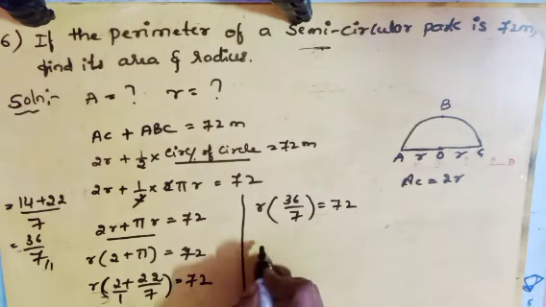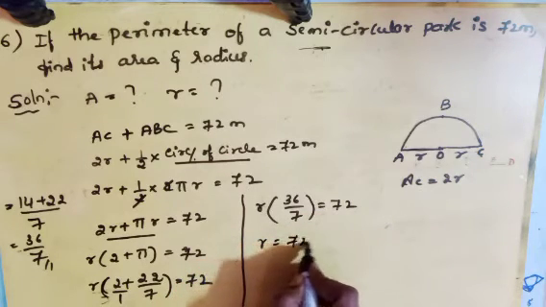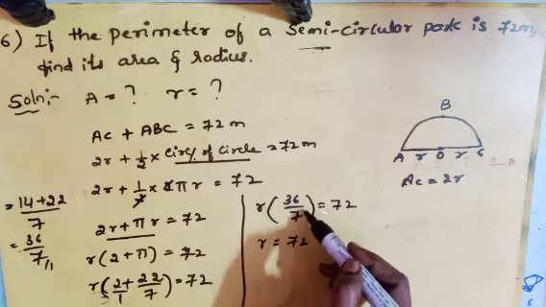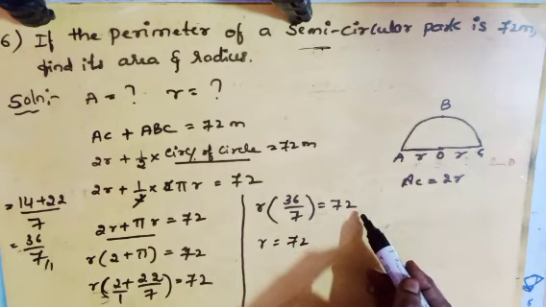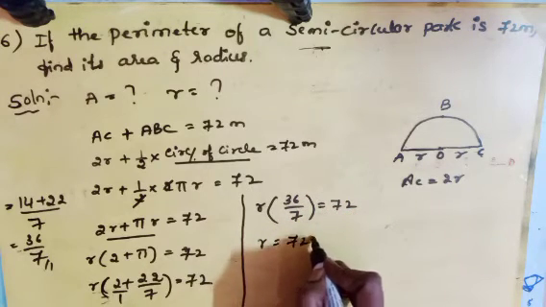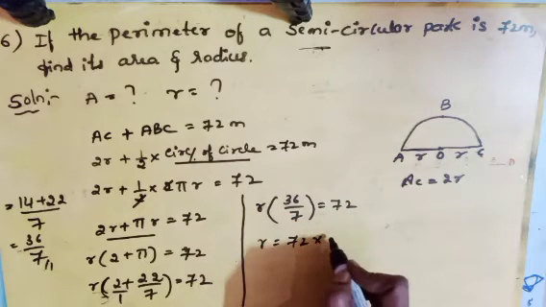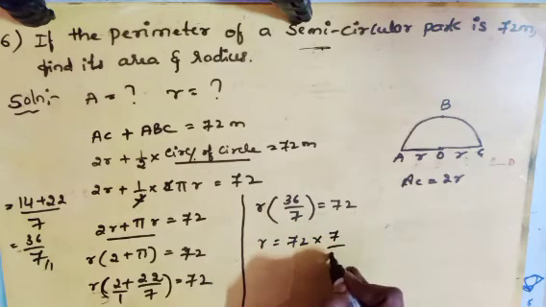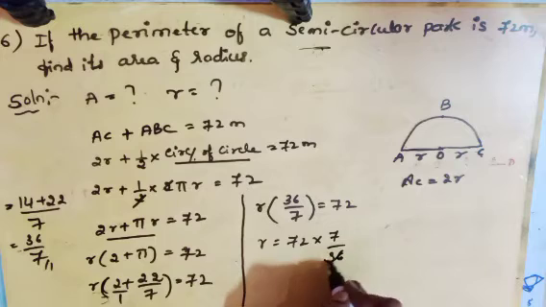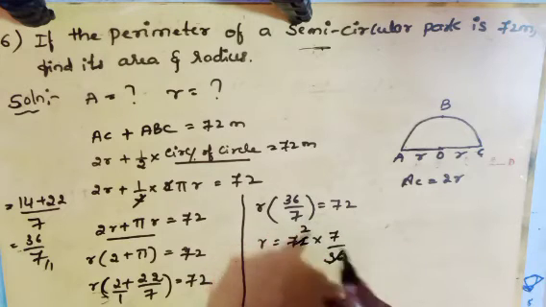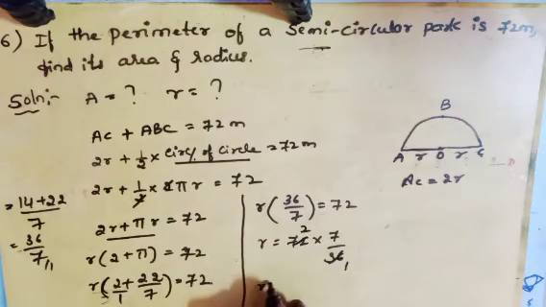Next, R equals 72 when this 36/7 goes to the right side, we take the reciprocal, 7/36. Then 36 ones are 36, 36 twos are 72. Therefore, 7 twos are 14. The value of R is 14 meter.